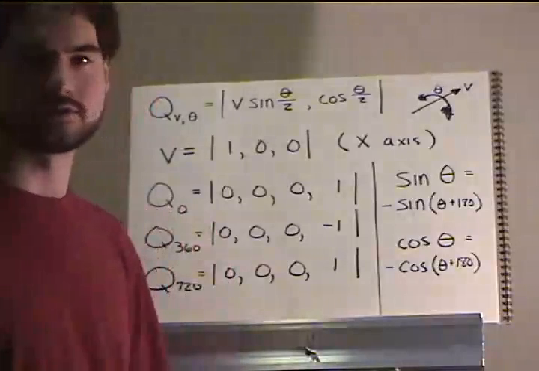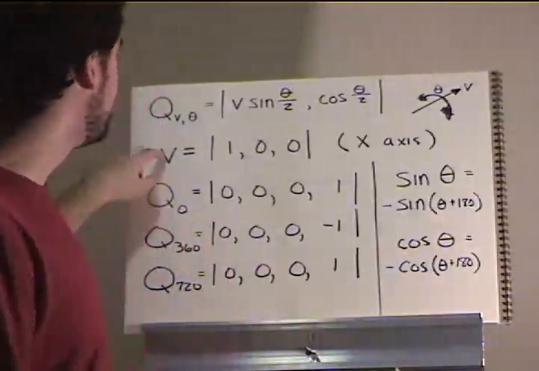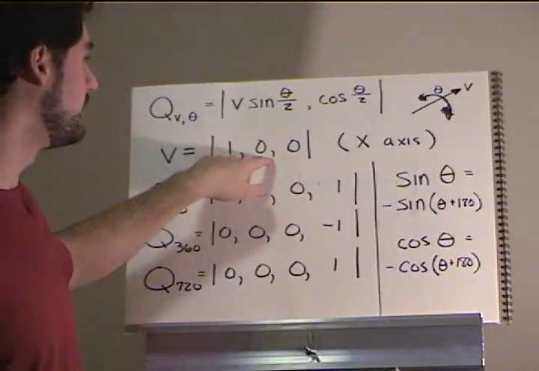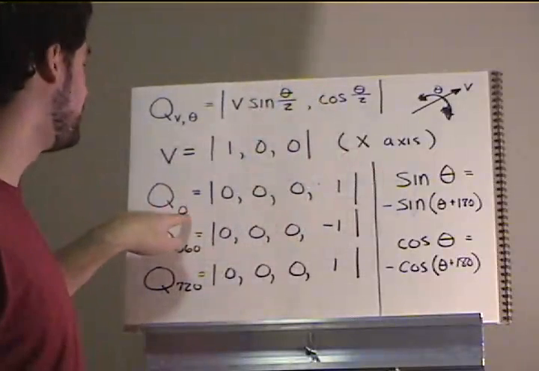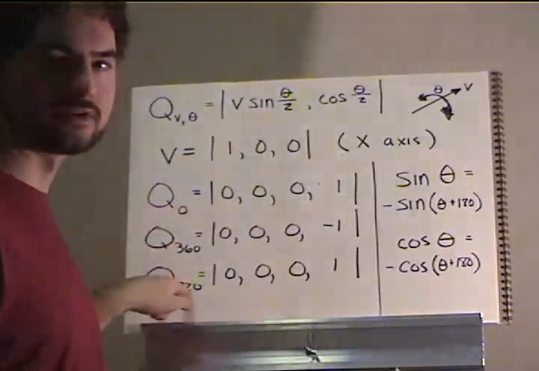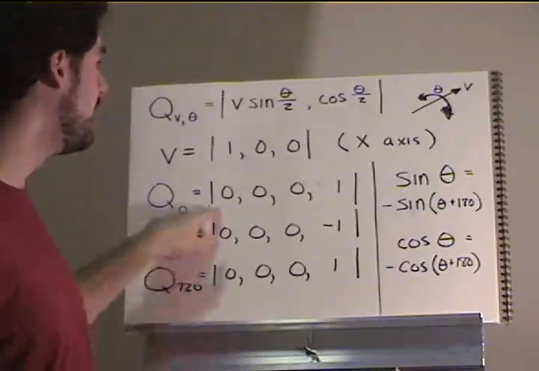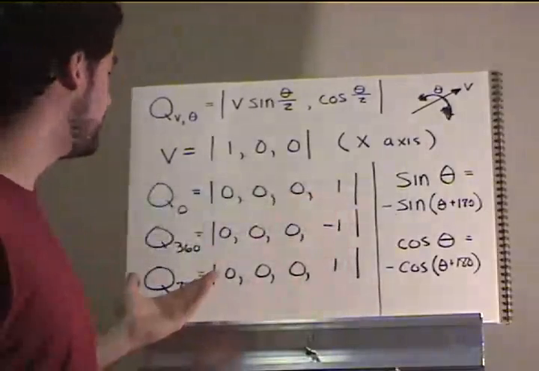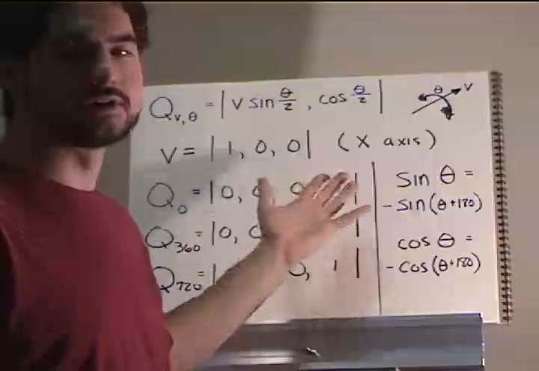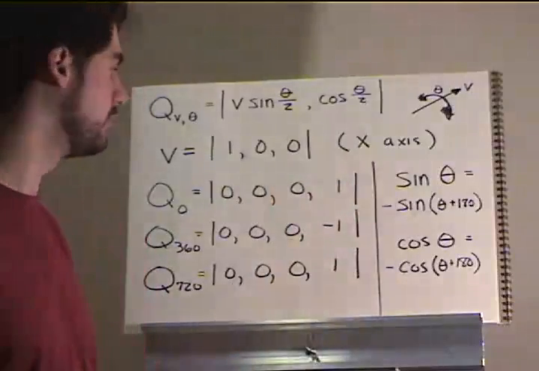Now, what quaternion will we actually be at? Many of you already know the answer, but for clarity's sake, assume for ease of discussion that I'm going to rotate about the same axis, and I'm going to rotate 0 degrees, 360 degrees, and 720 degrees, respectively. Then my cosine term, if I'm rotating 0 degrees, is going to be 1, because cosine of 0 over 2 is of course 1.